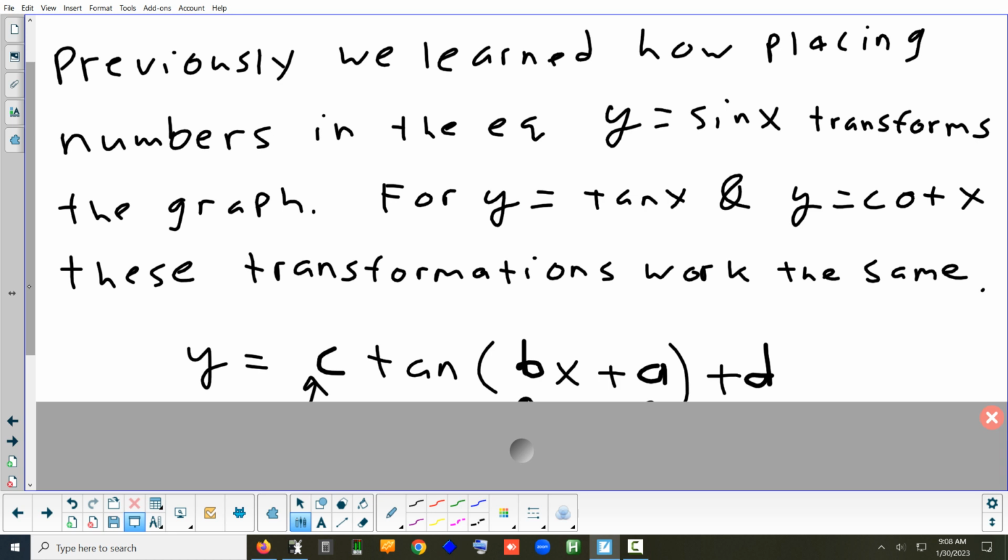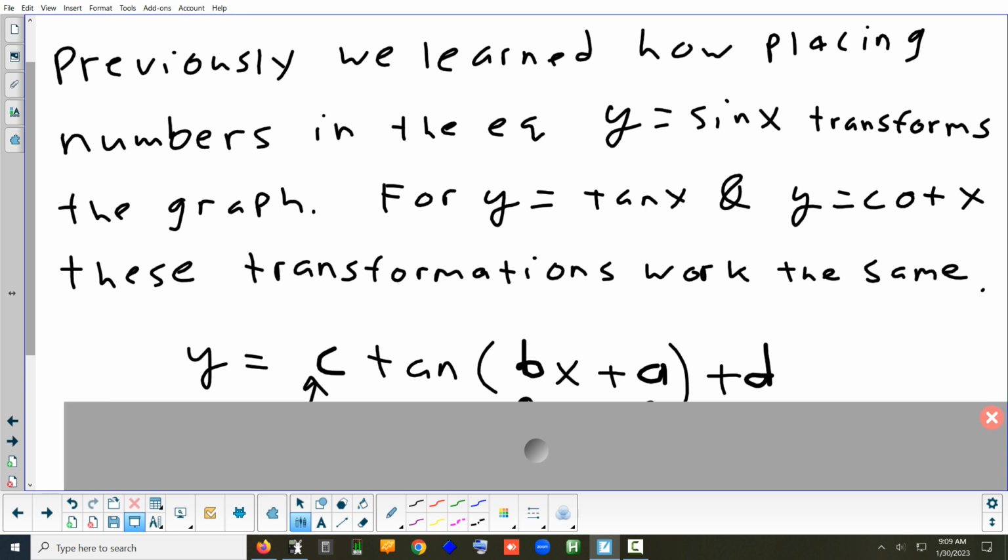So if you have a problem that involves multiple transformations, we know there's an order of operations. You have to do them in a certain way. The A, B, C, and D represent the order that you would have to do the transformations in, if you had more than one in the same problem.